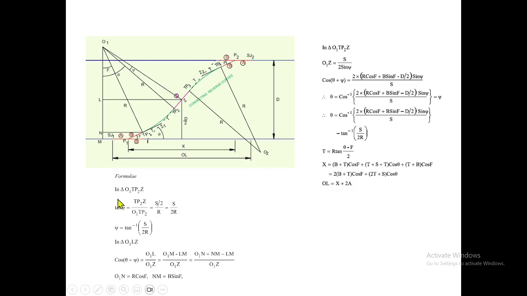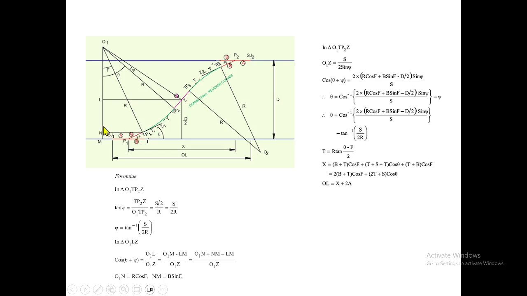So like that we have made the equation: O1N plus NM minus LM divided by O1Z, that is the hypotenuse. O1N equals R cos f, O1M equals R cos f, because we take this triangle again. In this triangle, this is F. This we have done in the previous case, because this is F, this is 90 minus F, total is 180.